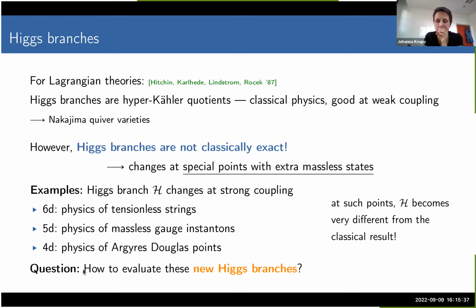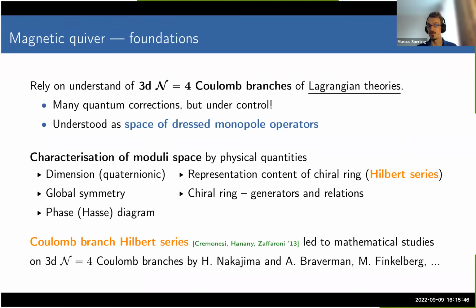Right. So the point of this slide was to point you to this question that we do need to find a technique to address these questions, and the solution that we proposed is precisely the magnetic quiver. And the way it works is that now we turn around the thinking.